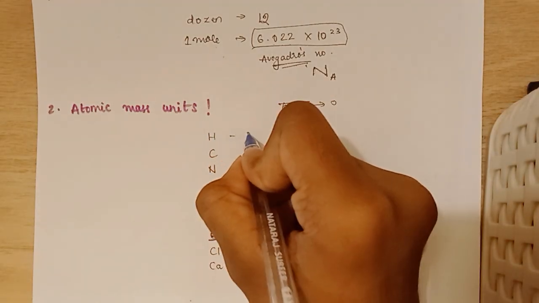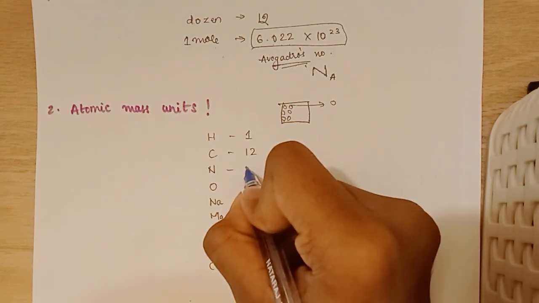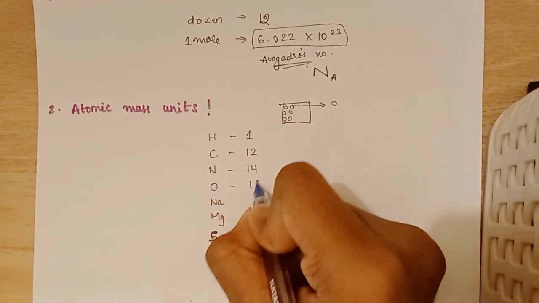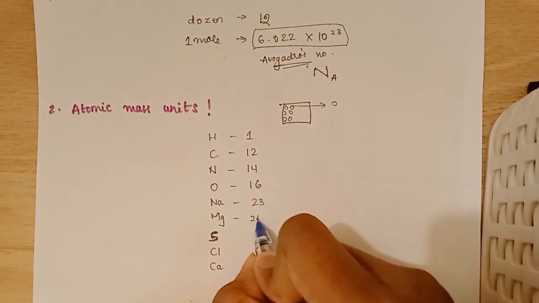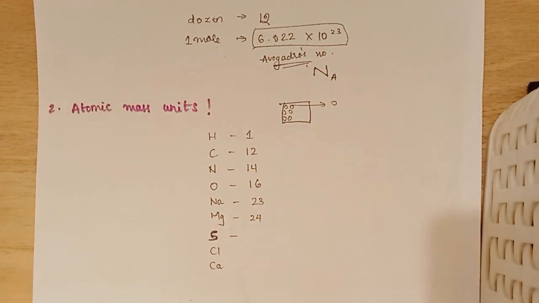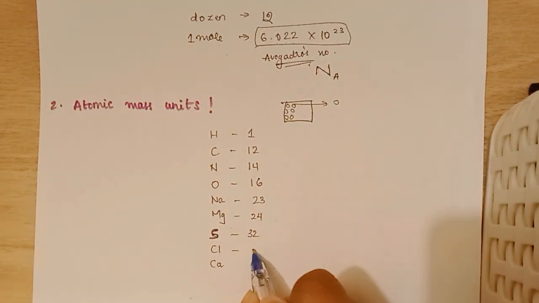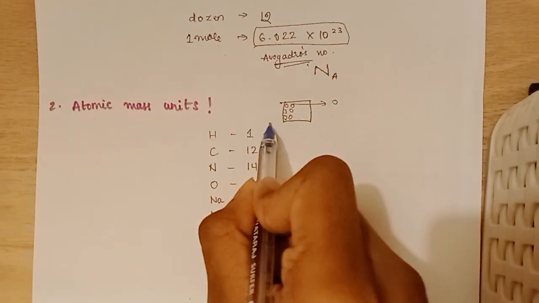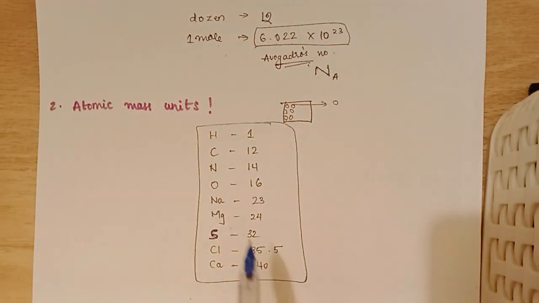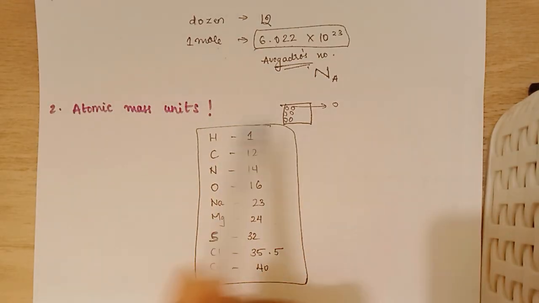Hydrogen, as always, 1, carbon 12, nitrogen 14, oxygen 16, sodium 23, magnesium 24, sulfur 32, chlorine 35.5 and calcium 40. So try to memorize all of this and come up with tricks that you can understand or keep in mind to know these.